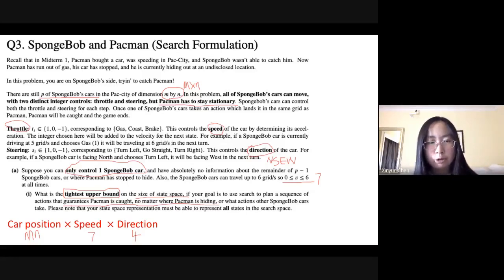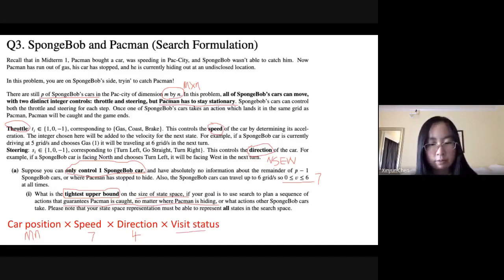To make sure of this point, we need to keep track of the positions that the car has visited and make sure that it covers every possible position in this Pac city. So basically, we also need to multiply the state size with a number to keep track of the visit status.